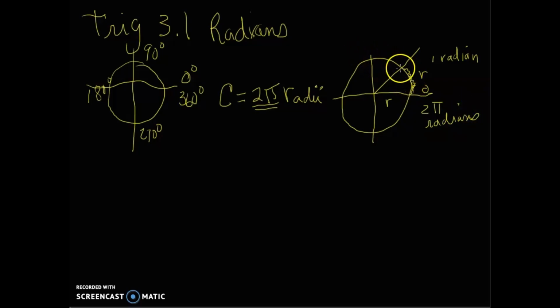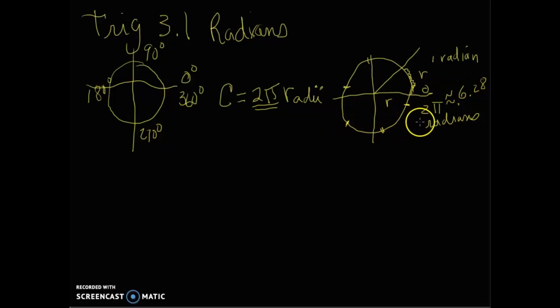Well, the first radius is here, the second radius goes to about here, the third radius about here, the fourth radius about there, the fifth radius is about here, and the sixth radius, as you measure around, is about there. How much is 2 pi? Well, about 6.28, approximately. There are about 6.28 radii in a circle.